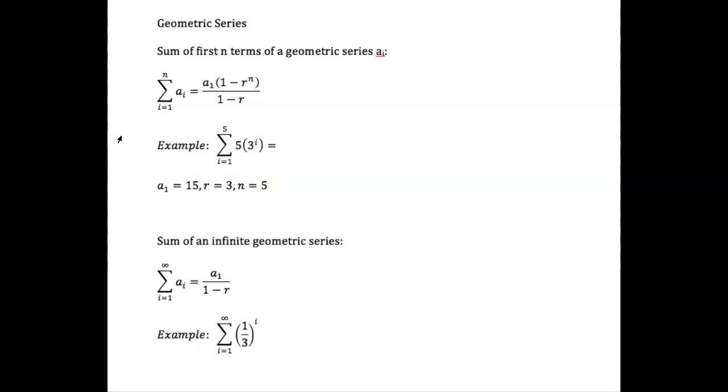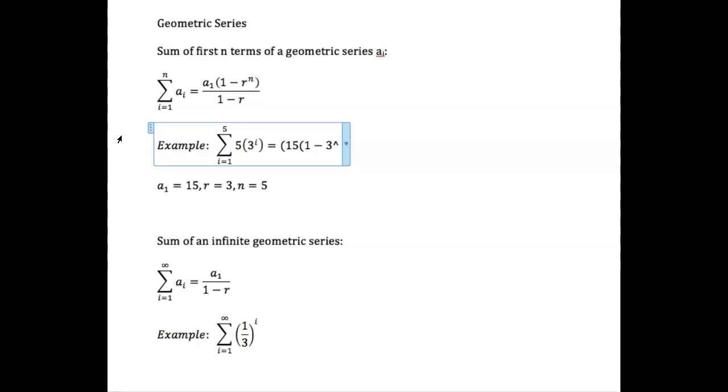Now that I know those three pieces of information, I can evaluate this geometric series. So a1 is 15 times 1 minus r, r is 3, and I want that to the n power.